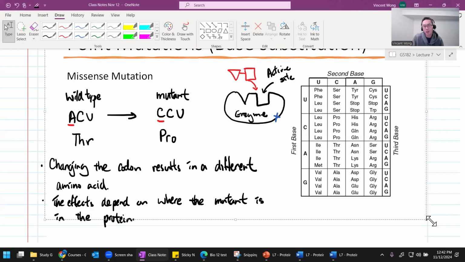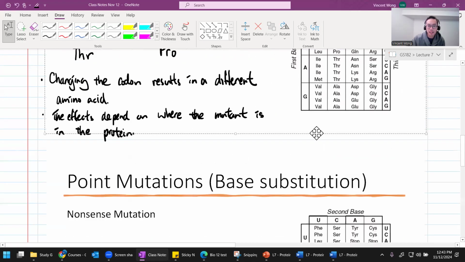And if it's a loss of function mutation in a proto-oncogene, then maybe it's not as big of a problem, right? The red lights and the green lights that we talked about last time. All right, so that's missense mutation. Are we together, guys? Everybody with me? Not a lot of people today, actually, but that's okay.